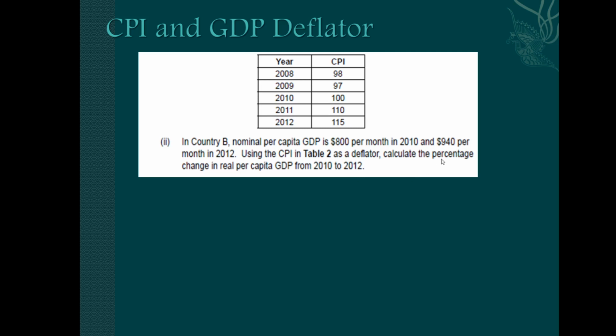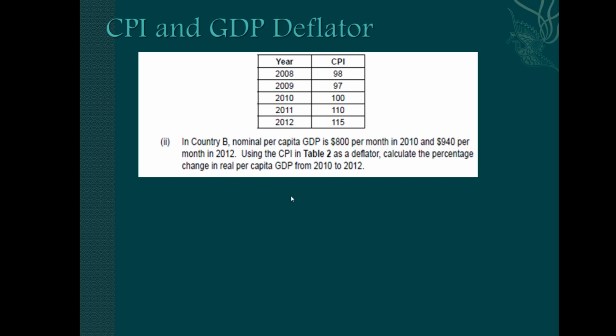So you need to find out the real GDP per capita in 2010, and also the real GDP per capita in 2012. Then you just have to do the very simple calculation for the percentage change: new minus old, divided by old.